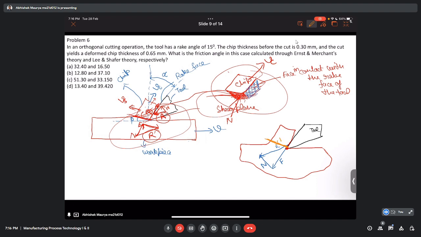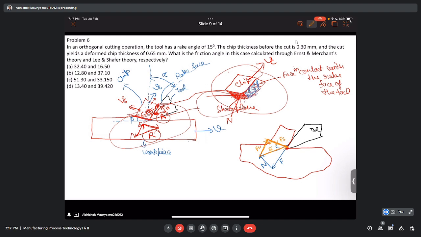That is denoted by Fs. And there is another force that the chip is facing because of the workpiece in the perpendicular direction of the shear plane. So that is the normal force, denoted by Fn. If we take the resultant of these two forces, that will also come along these two lines, and I have explained why they should be equal, because the chip is in equilibrium. That resultant is denoted by R dash.